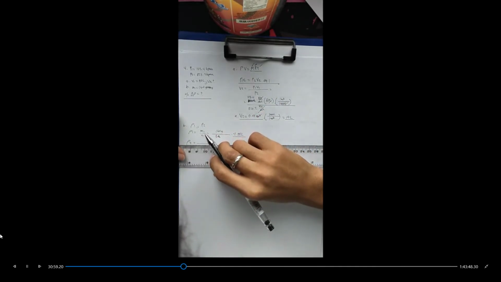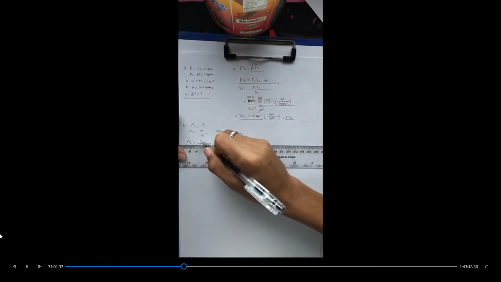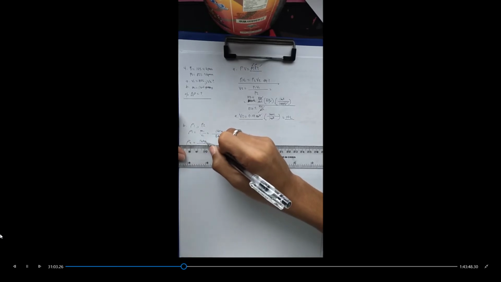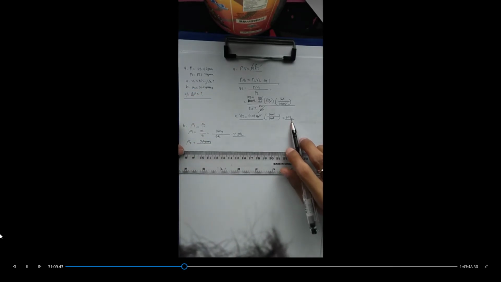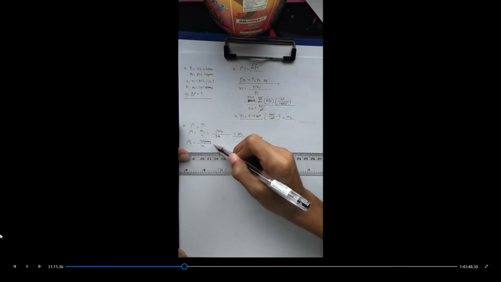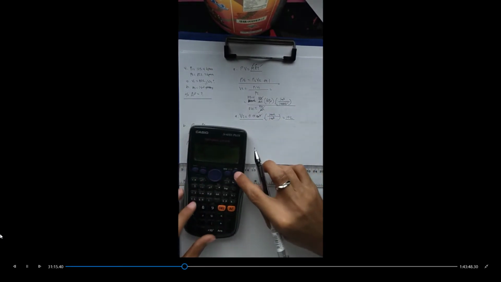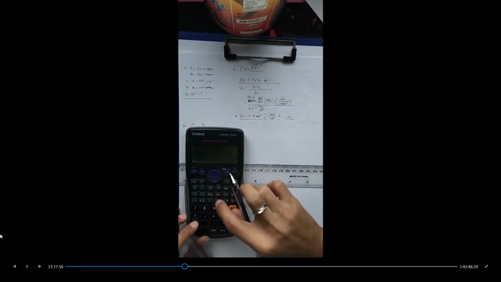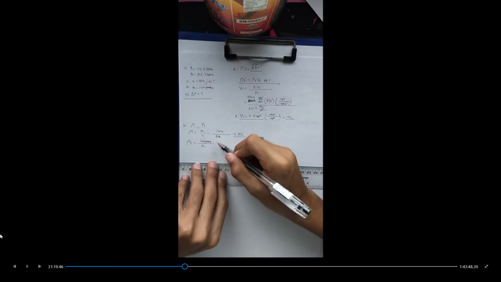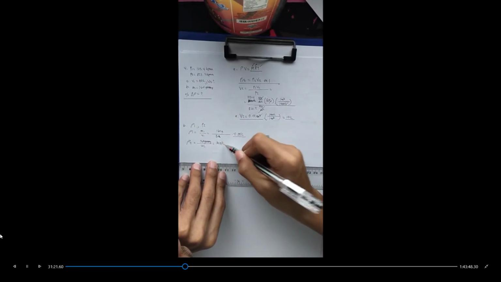Now, since mass 1 is constant, we can put here 160 grams at the top, and then our volume 2 is the one that we solved earlier, 10 liters. So this will become 160 grams divided by 10, that is 16. So 16 grams per liter.